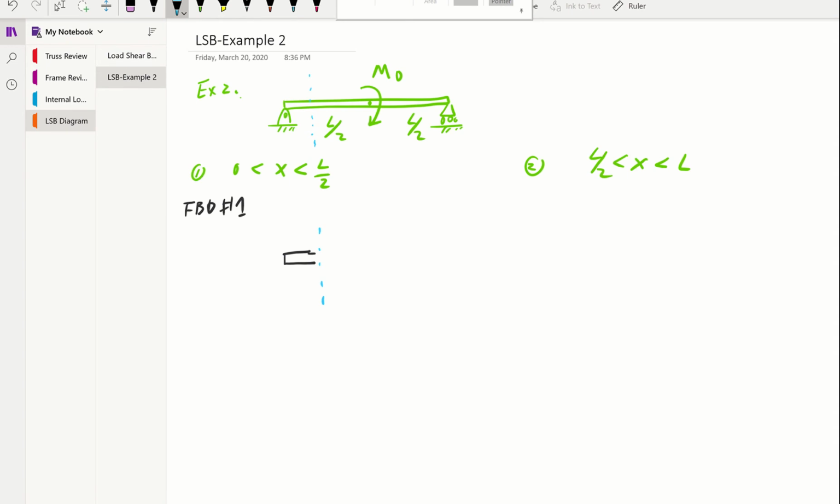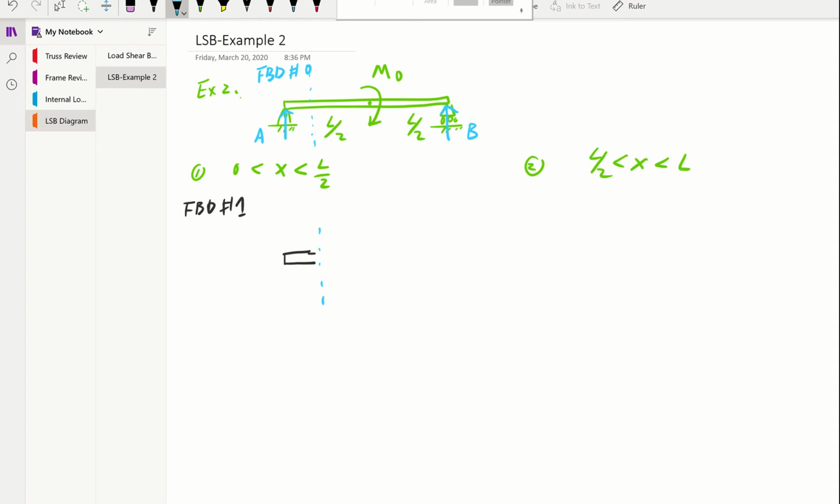First of all, we understand there are going to be reaction supports on both ends, but we haven't solved those yet. So we're going to go back to the entire FBD, which I'm going to call FBD 0, to solve these forces. We'll call the supports A and B.